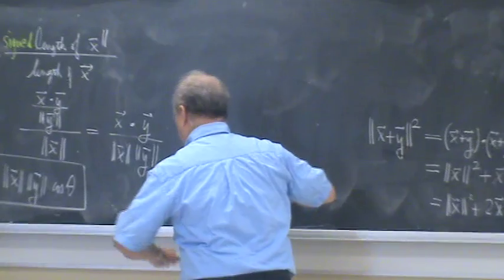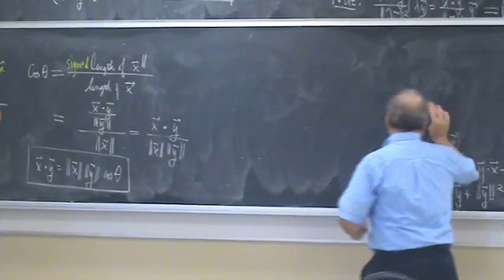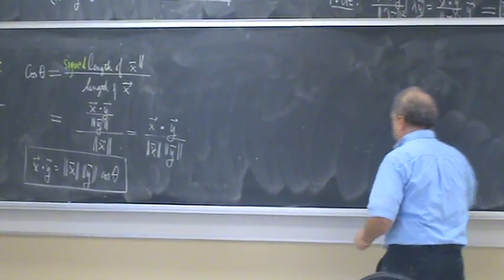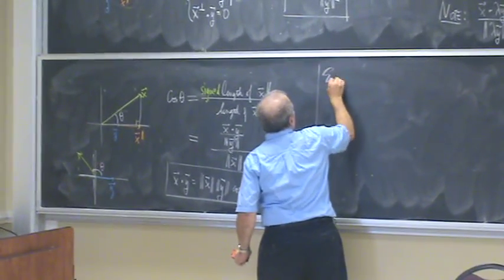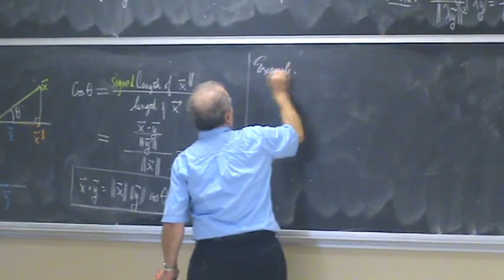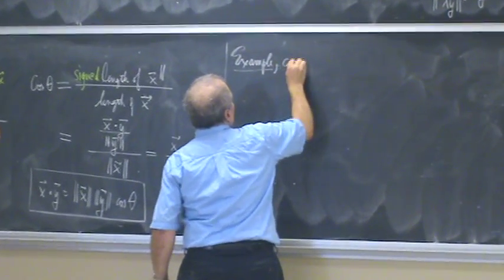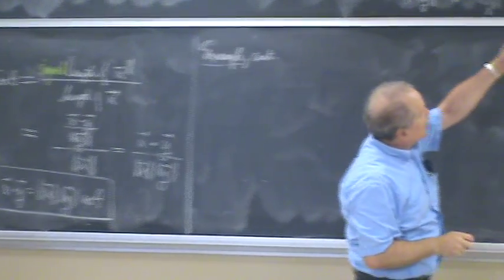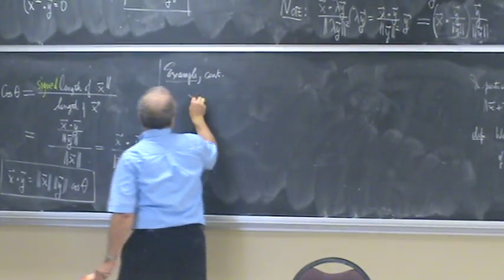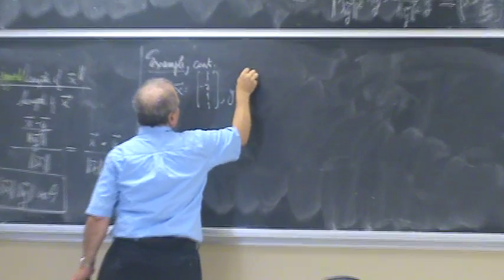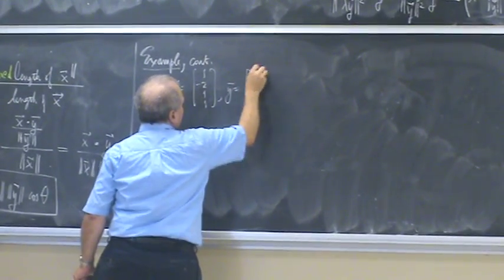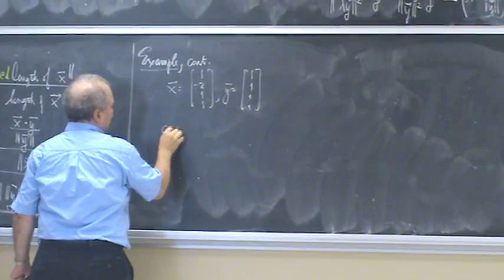Okay. So this formula looks really cool, so I could go back to my example. What's the angle between x and y? So with that x and that y, what's the angle between them?